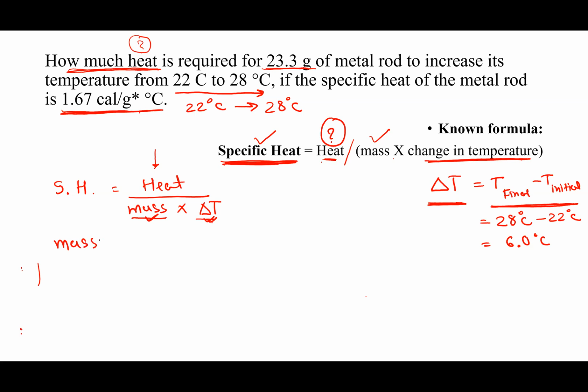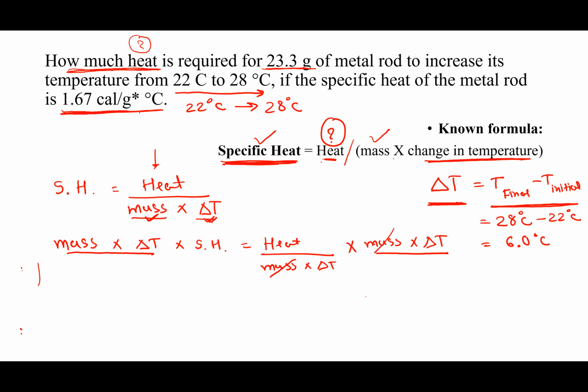So mass times delta T times specific heat is equal to heat over mass times delta T, times mass times delta T. What I did was multiply both sides of this equation by mass and delta T. When I do that, I can cancel out the same quantity from the numerator and denominator. It means I can cancel out the mass and the delta T.